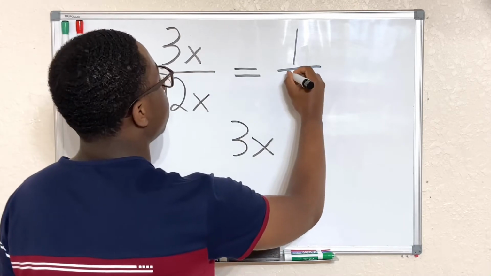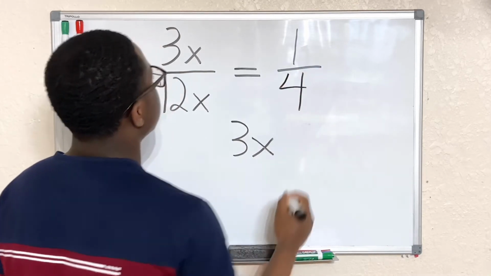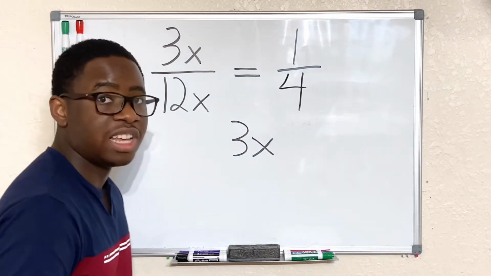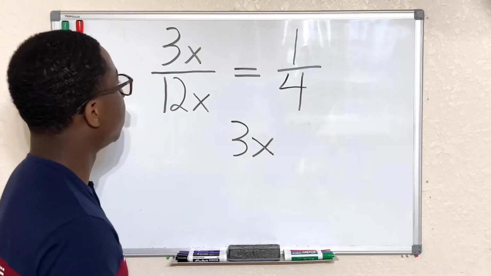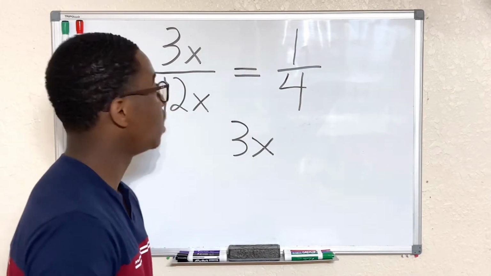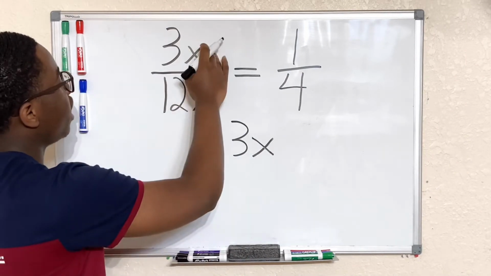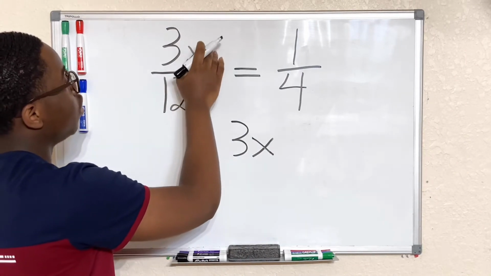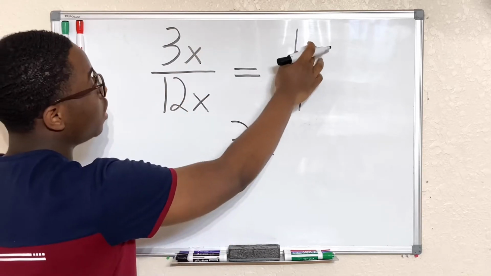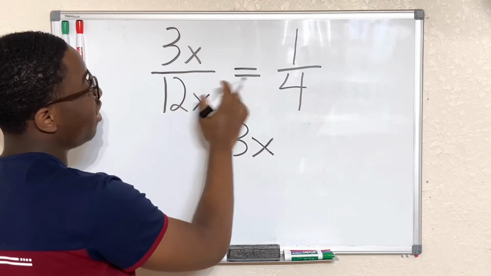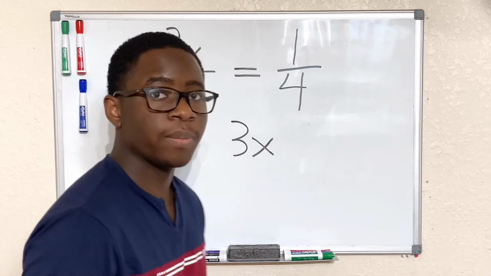So here I have 1 over 4. On the SAT, or any of your algebra exams, if you see something like this, just look for the GCF. We have 3x being the GCF, so we take 3x out of 3x, that gives us 1, and we take 3x out of 12x, that gives us 4. So the answer is 1 over 4.